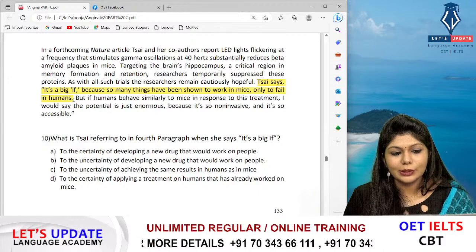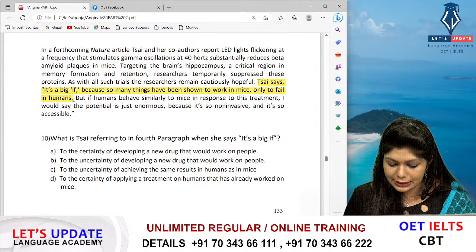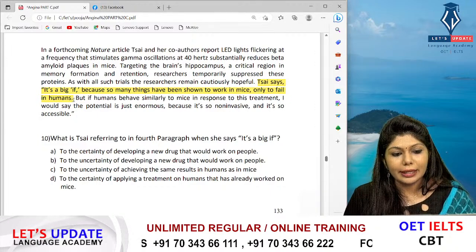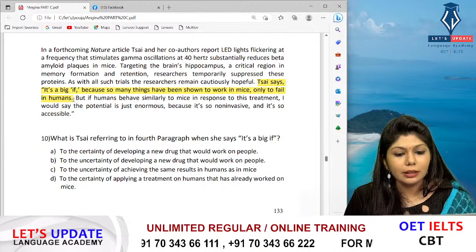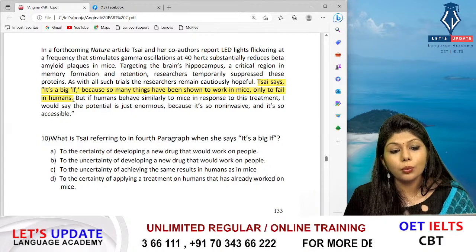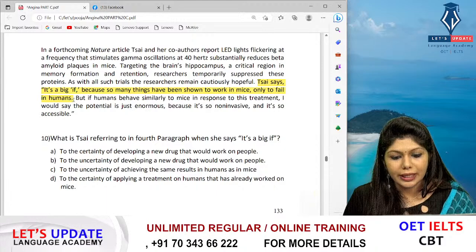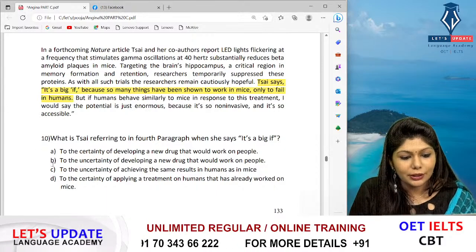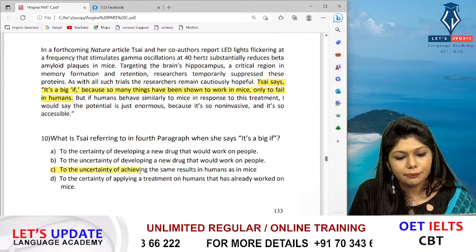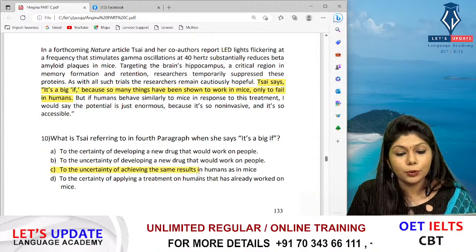That means there is some sort of uncertainty, or something is unlikely to happen. About what? Because so many things have been shown to work in mice and it may not work in humans, only to fail in humans. And that is why your correct answer should be option C, the uncertainty, because of the if, of achieving the same results in humans as in mice.